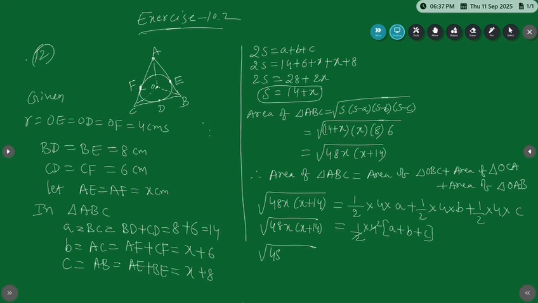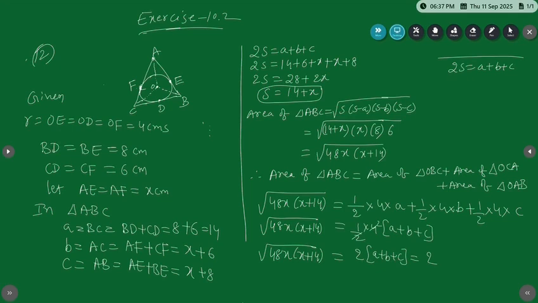So the square root of 48X into X plus 14 equals 2 into a plus b plus c. The a plus b plus c value comes from the 2S formula. 2S formula is a plus b plus c.